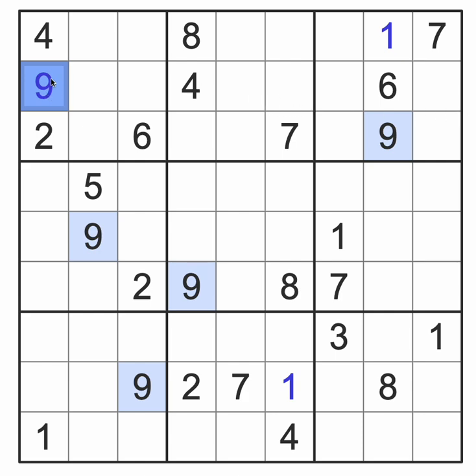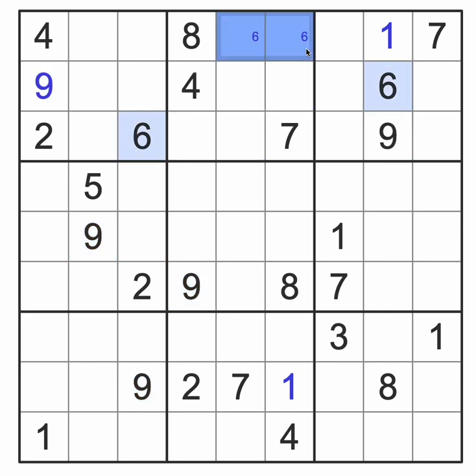Now with this 9 placed here, there's a double in box 2, because row 2 has 6 and 9, and row 3 also has 6 and 9, which means in box 2 I cannot place 6 or 9 in these 4 cells.